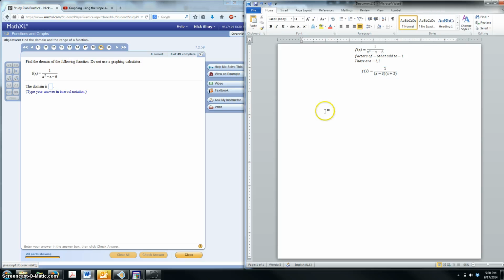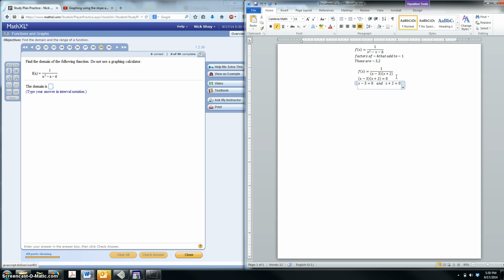So this is the expression factored, and now to find the domain of a rational expression, we set the denominator equal to 0. We're going to set x minus 3 times x plus 2 equal to 0. And how do we solve expressions like that? Well, we set each of the two factors equal to 0. So we set x minus 3 equals 0, and we set x plus 2 equal to 0. And we solve these.